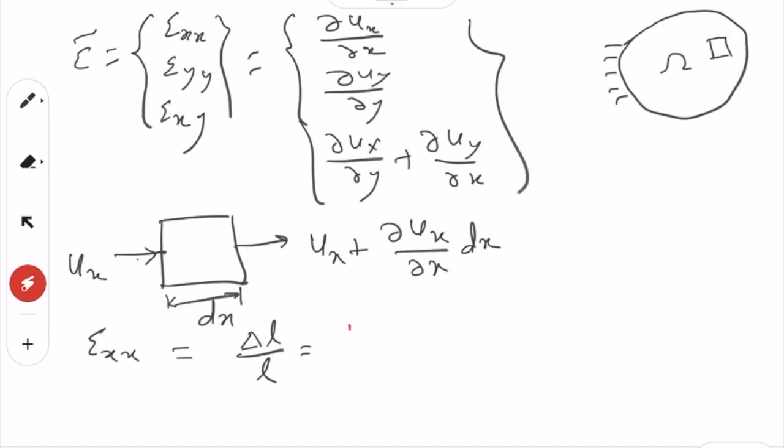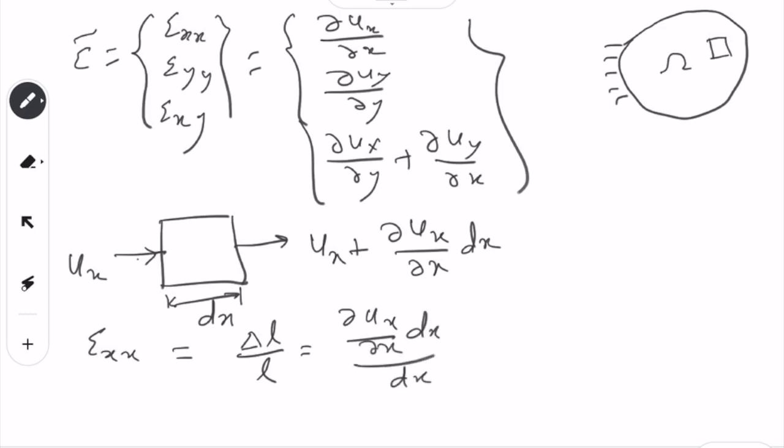So, change in length dl over L. Before applying the force it was dx, after applying the load this moves by ux, this moves by ux plus del ux over del x times dx, and hence the change in length will be this minus this, which is just del ux over del x times dx.